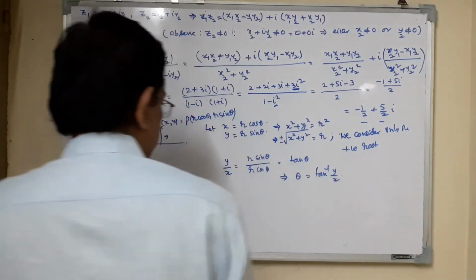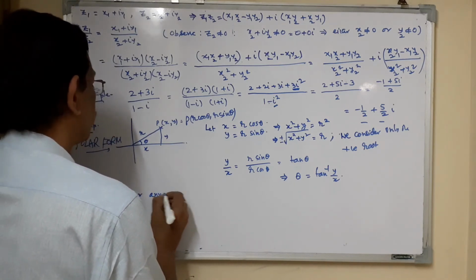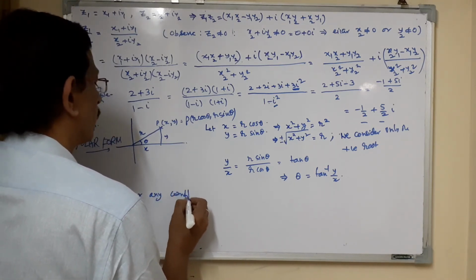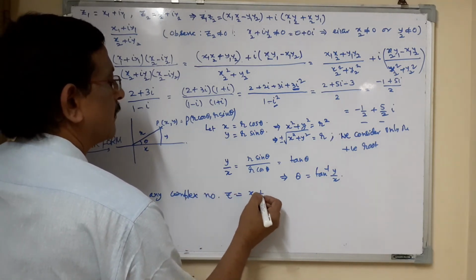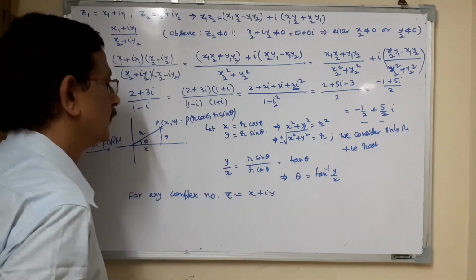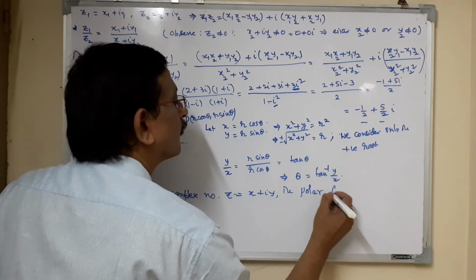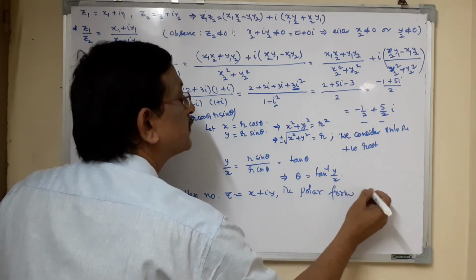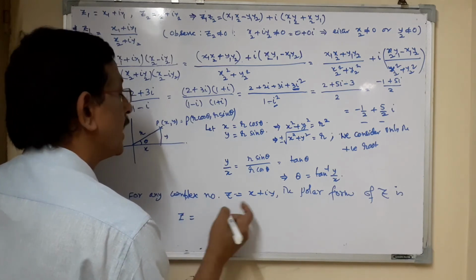For any complex number z equal to x plus iy, the polar form of z is, let me write down, z equal to, what is x?